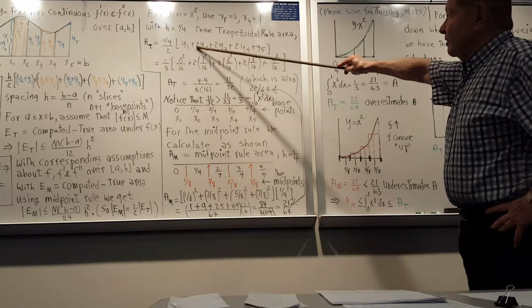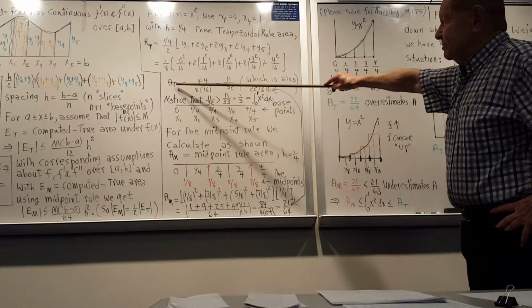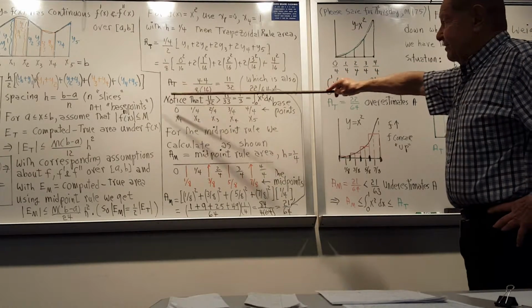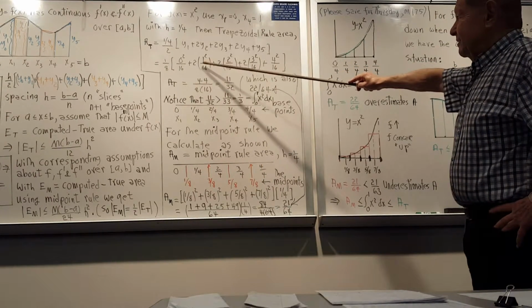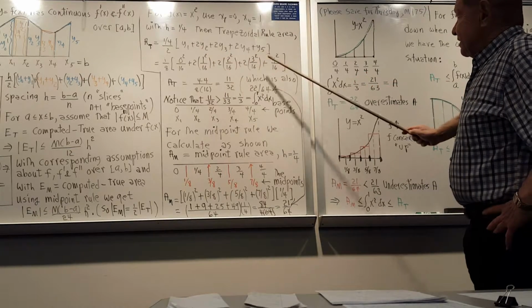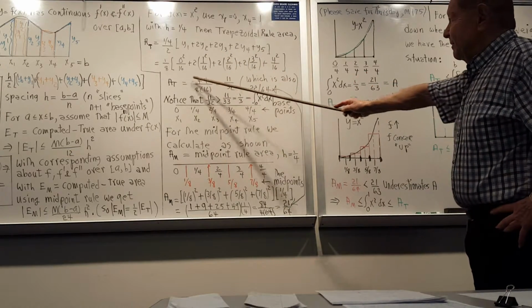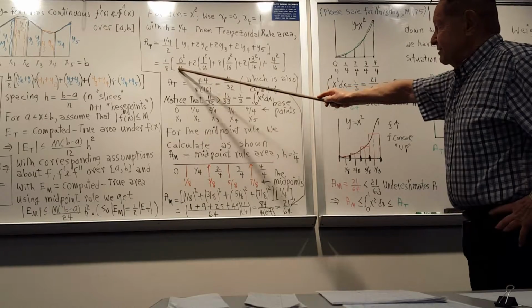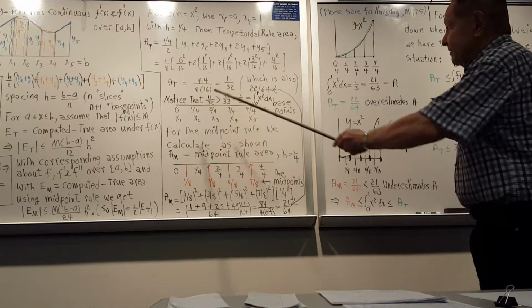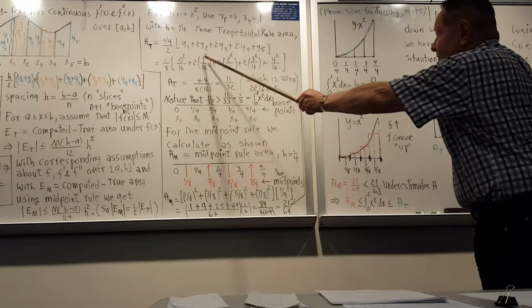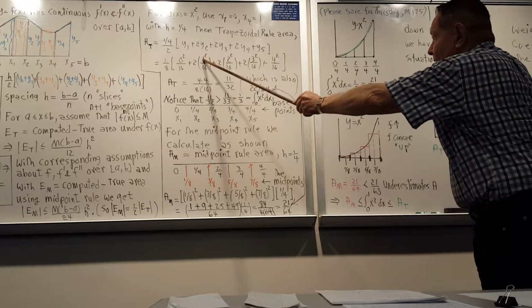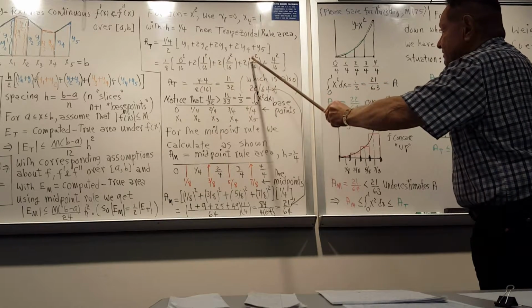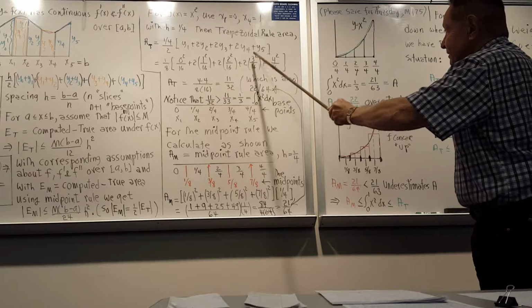So anyway, if you work this out with these numbers, your trapezoidal area, if you look at the sum of squares here, your denominator is 8 times 16, and then you have 1 plus 4 plus 9 plus 16.